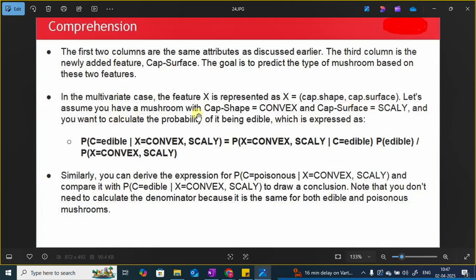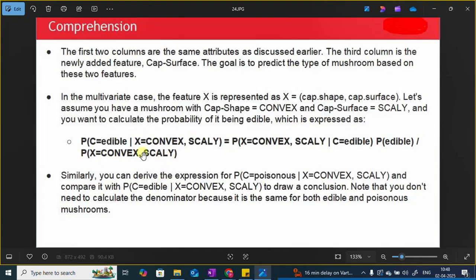Let's assume you have a mushroom with cap shape convex and cap surface scaly, and you want to calculate the probability of being edible, expressed as probability of edible given convex and scaly, is equal to probability of convex and scaly given edible times probability of edible, divided by probability of convex and scaly. Because the formula is the same.